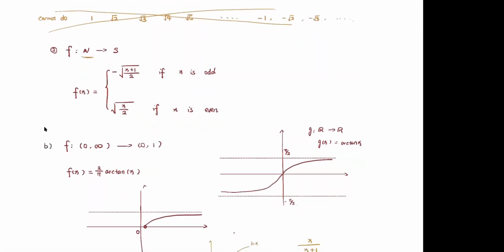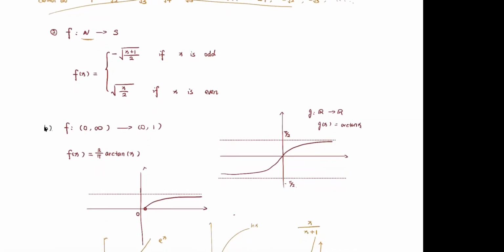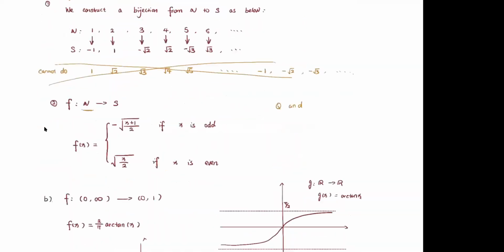For example, they ask you to prove Q and S, where S is still this S, have the same cardinality.